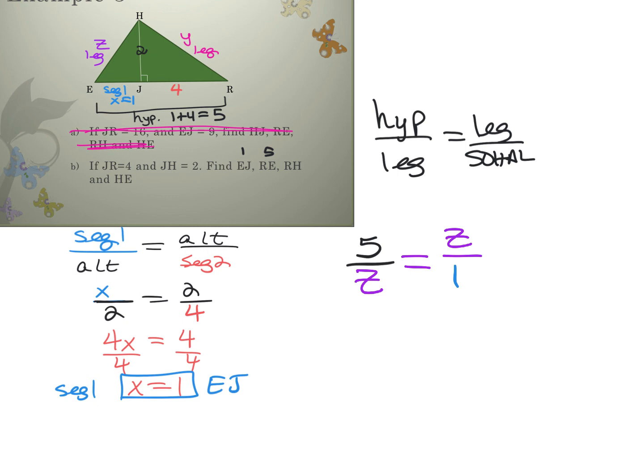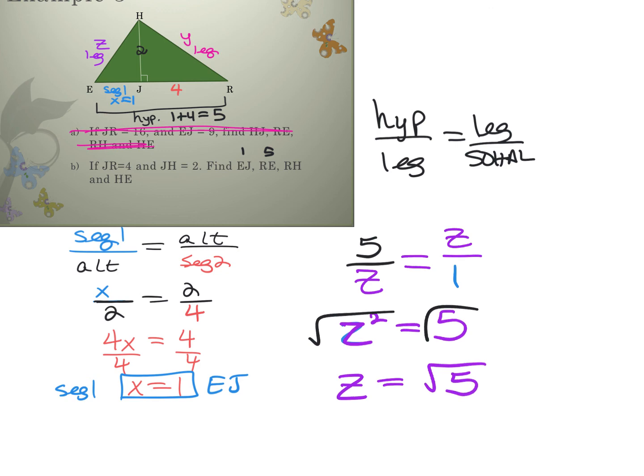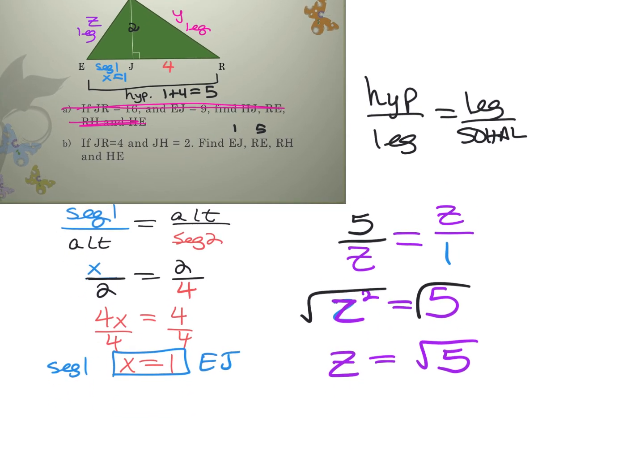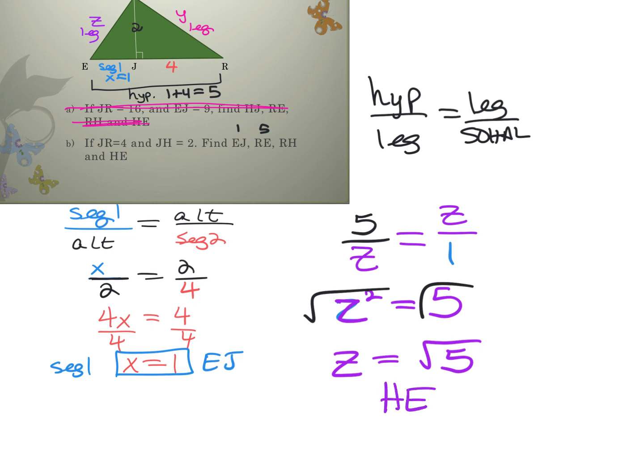Going to cross multiply. I end up getting Z times Z is Z squared. 5 times 1 is 5. I'm just going to square root this because I'm leaving it in simplest radical form. So Z is equal to the square root of 5. And Z was HE. So HE is the square root of 5.